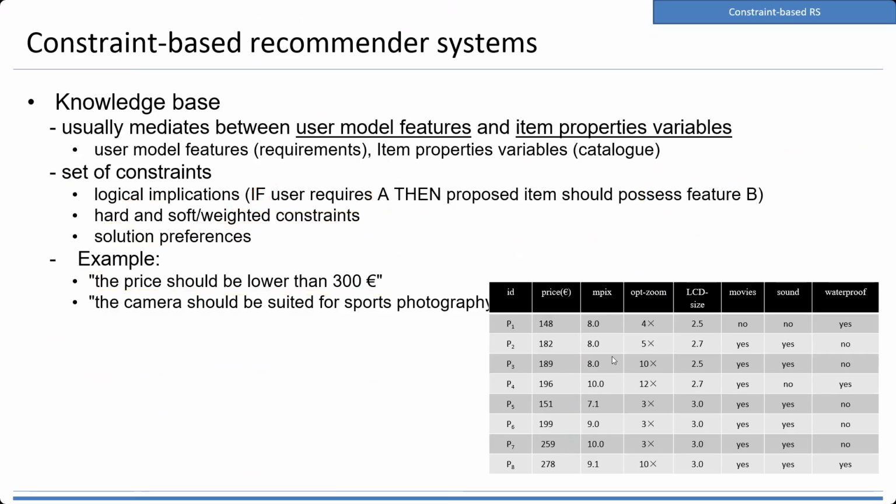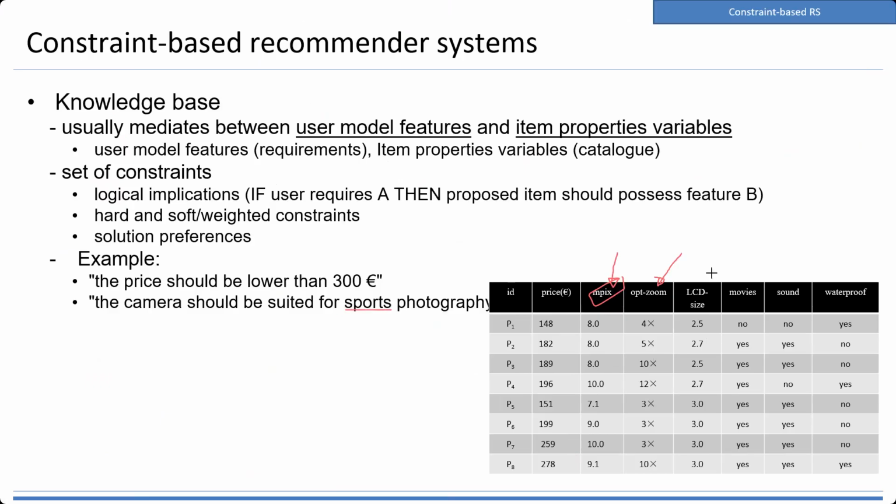So in this case, we need to ask for more specific requirements. For example, do you have any information about the megapixel? Because we don't have a variable for whether it is related to sports or not. But we have knowledge: sports require speed. So speed means maybe the megapixel should be high. Or sports may require some optical zoom, so if the zoom is high, then it is good.